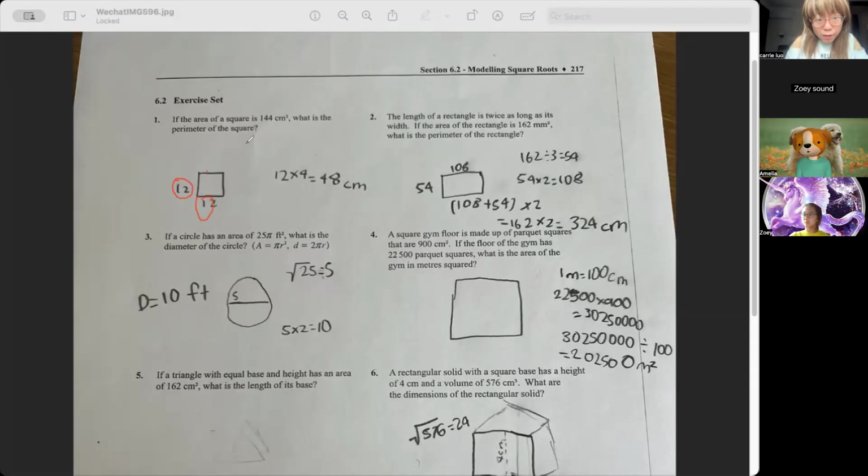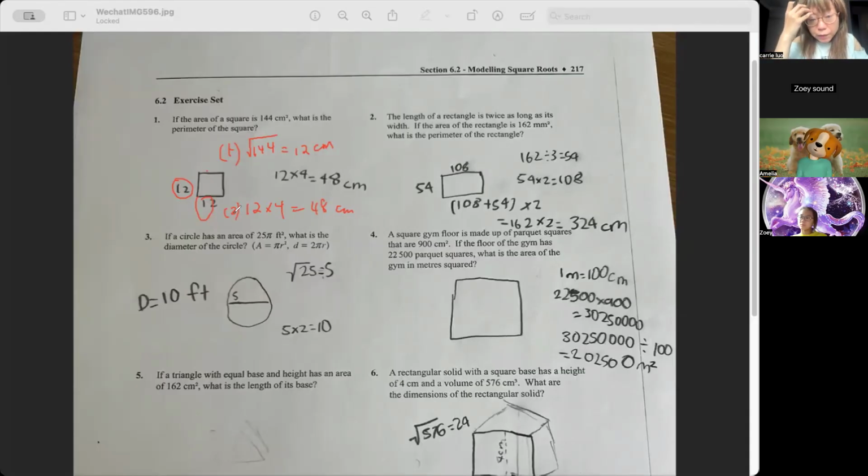Right, but did you write it? So first of all, you need to do the square root of 144 equals 12 centimeters. And now 12 times 4 equals 48 centimeters. So you need to have step 1 and step 2. Was mine okay? Get it, Zoe? Get it, Amelia?